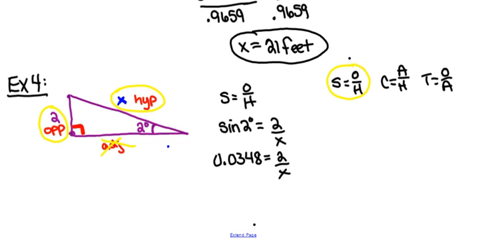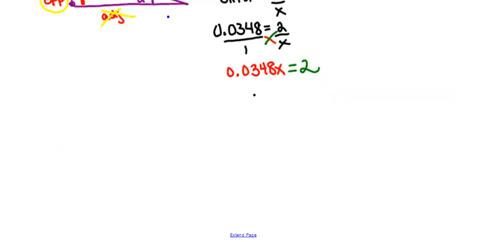I'm going to turn this into a proportion. So 0.0348 times x, when I cross multiply going in one direction, is equal to 2 when I cross multiply going in the other direction. Now in order to solve for x, I want to divide by the 0.0348 number.